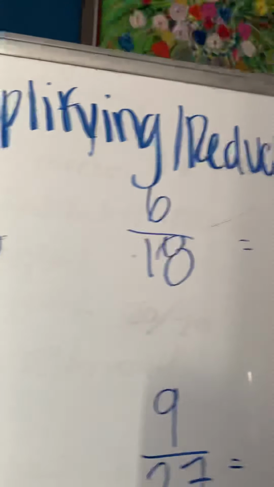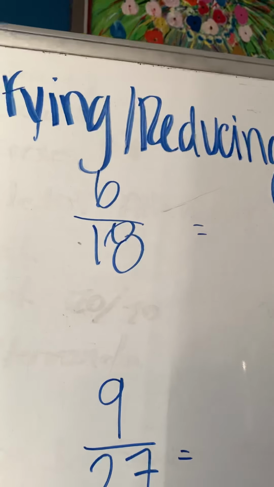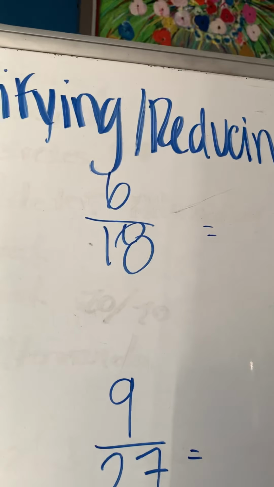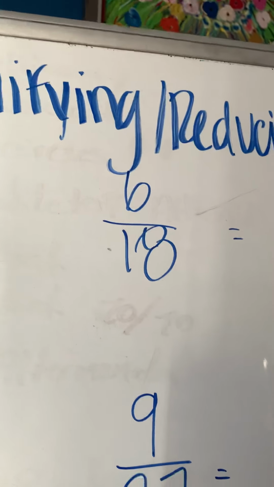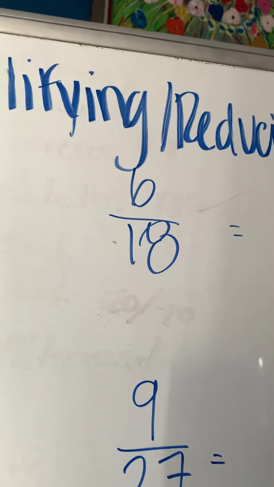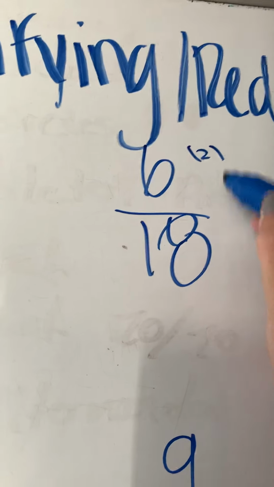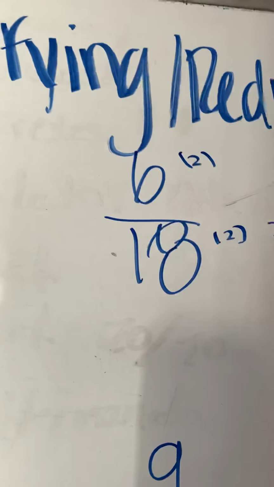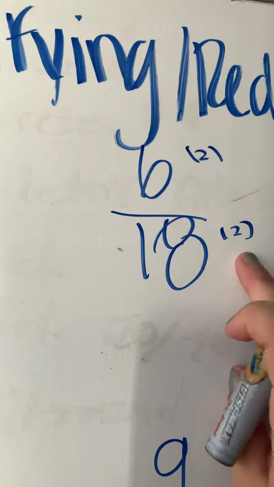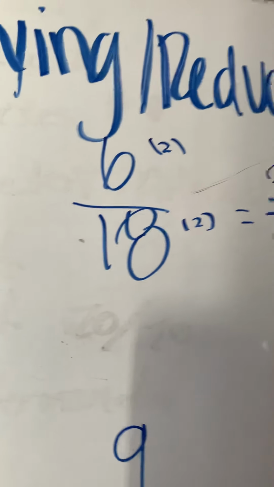Now moving on to 6/18ths. Well, I know that both of these are even numbers. 2 can go into both 6 and 18, so I'm going to put a 2 by its side. Now 2 goes into 6 3 times, and 2 goes into 18 9 times.